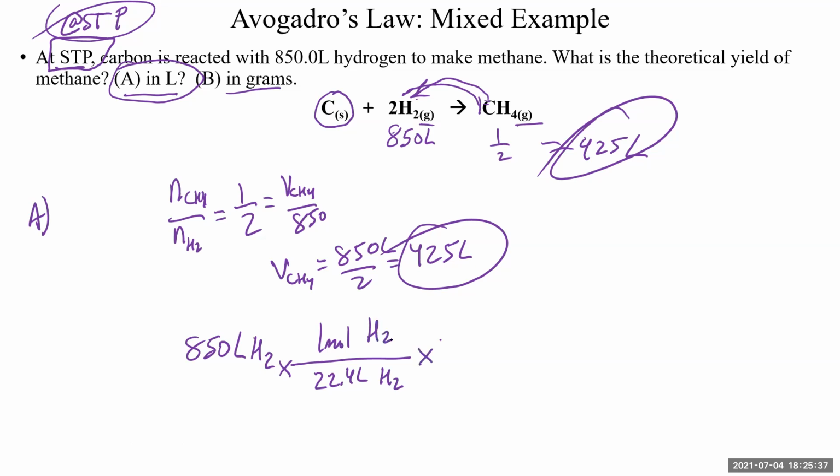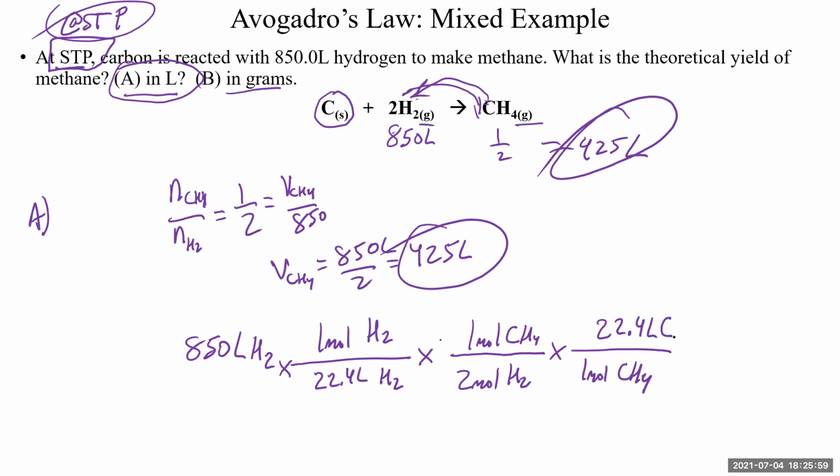So that's 1 mole of hydrogen. Then I know that every 2 moles of hydrogen gives me 1 mole of methane. And because methane is also at STP, every 1 mole of methane is also 22.4 liters.